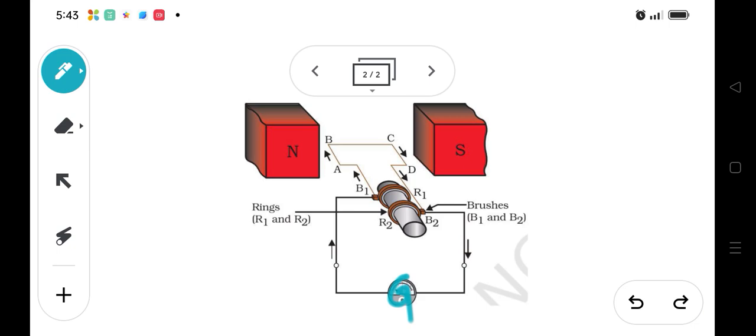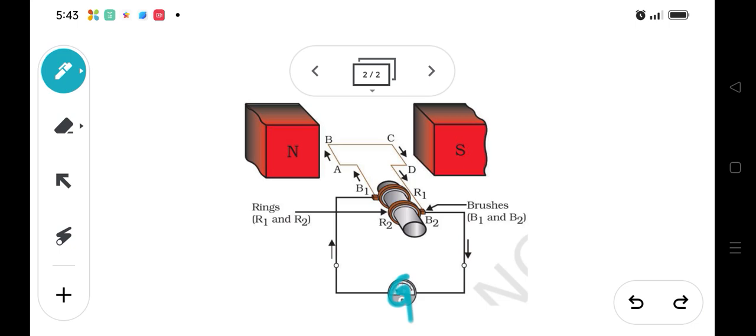The rings and the brushes, especially the split rings, are connected to ensure this armature is free to rotate. It has the freedom to rotate, it's not fixed. So the split rings are used to ensure the freedom of rotation of this armature coil.